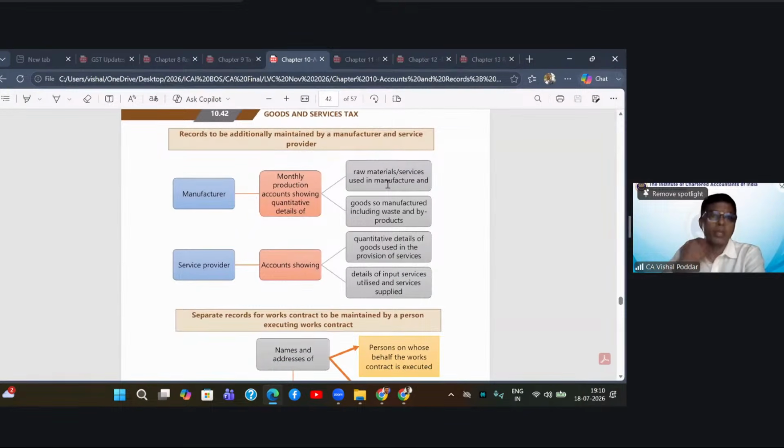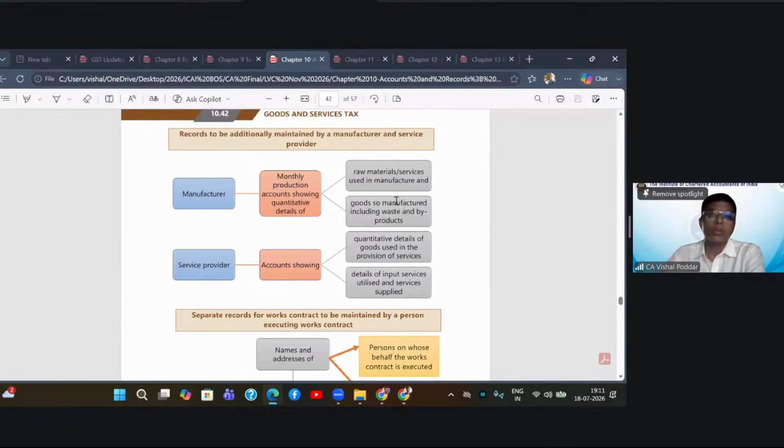Next, what are some additional documents or records that are to be maintained by a manufacturer and by a service provider? So for a manufacturer, the additional details to be maintained are monthly production details, which will show details of quantities of what? Of raw materials or services which you have consumed in manufacture.